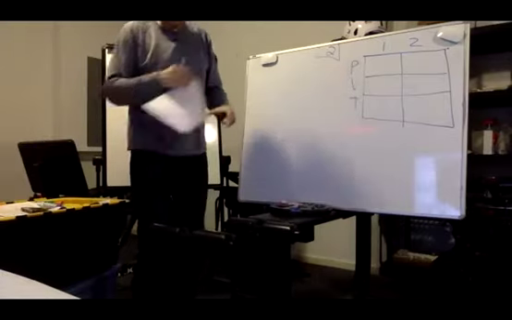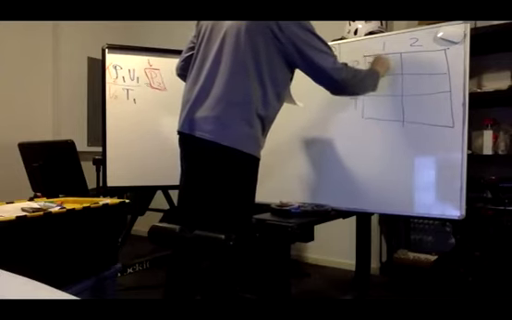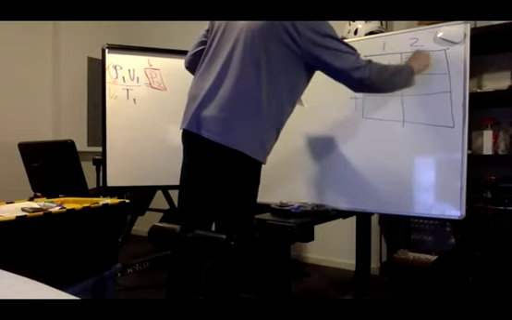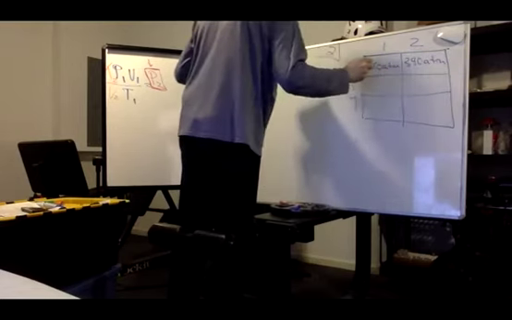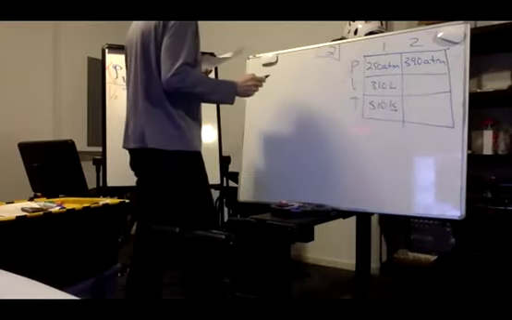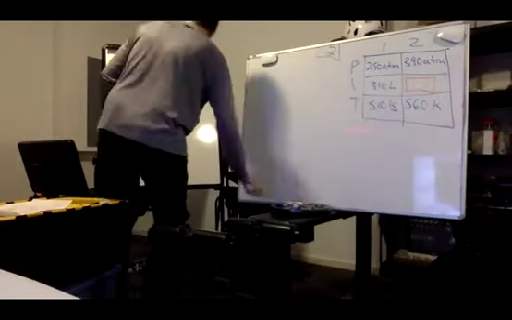Number 2, I have 250 atmospheres, 390, 310, 510. Notice all temperatures are in Kelvin. 560 K. And the box that's missing is V2. So I go back to my root equation.